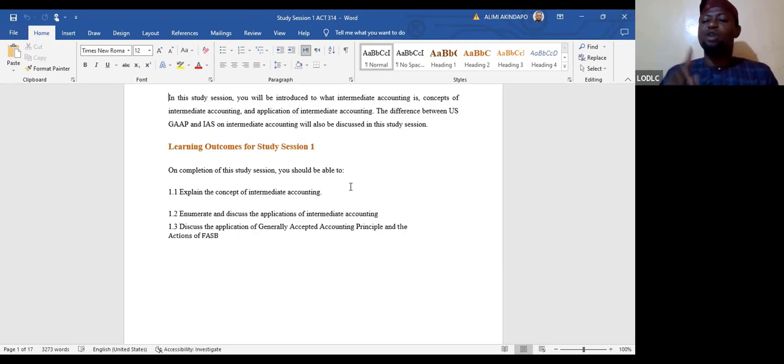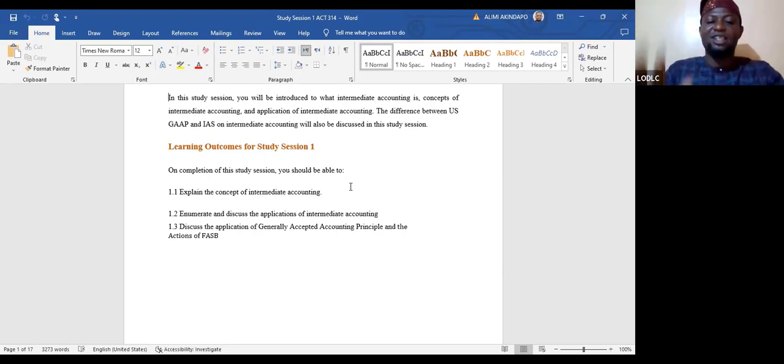They are also saddled with the responsibility to enumerate and discuss the applications of intermediate accounting. And lastly, to discuss the application of generally accepted accounting principles and the actions of FASB. Those are the responsibilities that students are expected to achieve at the end of this session.